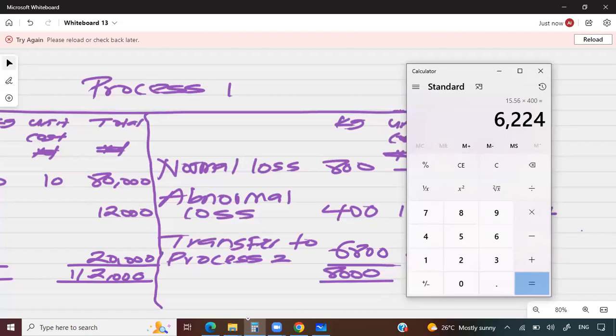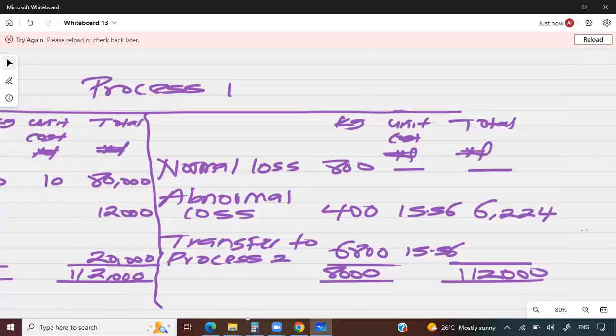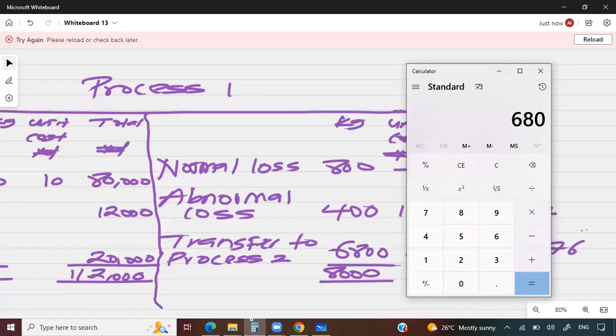And what you just do here is minus, 112,000 minus this gives 105,776. What would be causing the difference? You can even say 6,800 multiplied by 15.56.